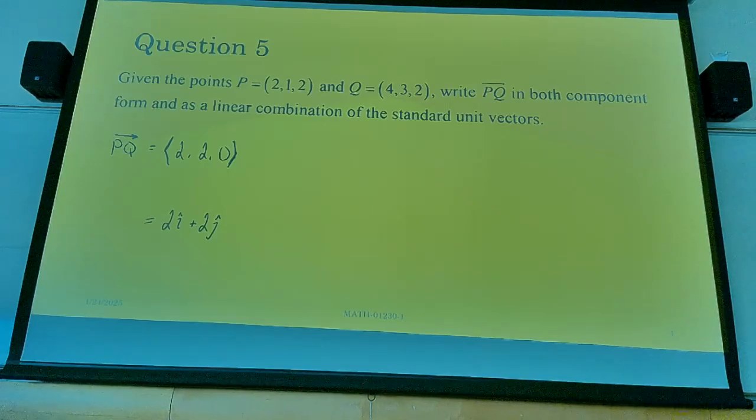However, it is ambiguous. Does that represent a 2-vector or a 3-vector? Plus 0k. If you want to avoid the ambiguity, if you know it's a 3-vector, you can go ahead and write that plus 0k. That's not required. It just explicitly states it as a 3-vector now.